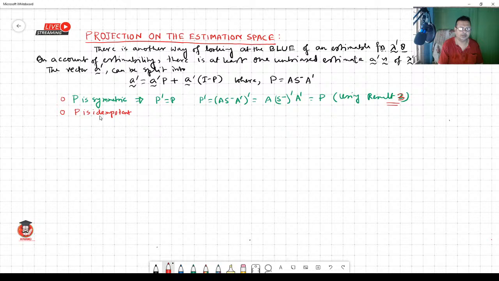Next property of matrix P is idempotent, because P is a projection matrix, it should be a symmetric idempotent matrix. We already knew this result from our linear algebra class.